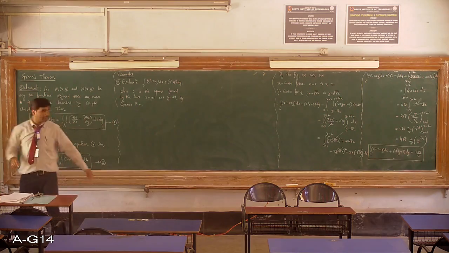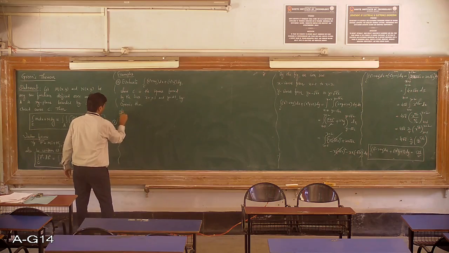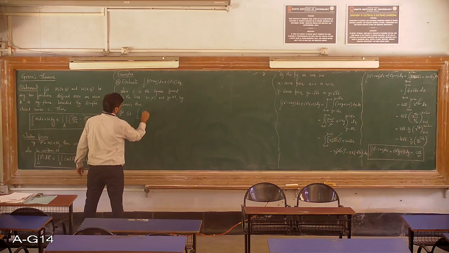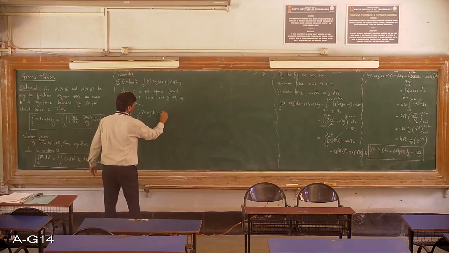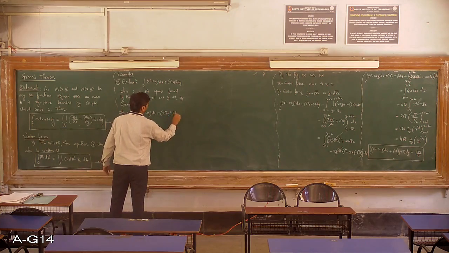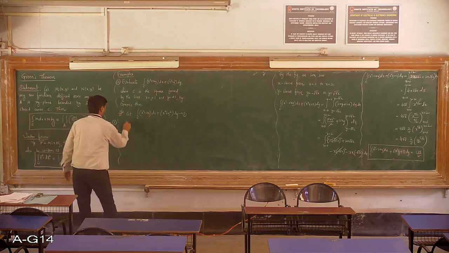Okay, this is a simple example. Solution: let the integration over curve C, x square plus xy into dx plus x square plus y square into dy, call it equation 1.